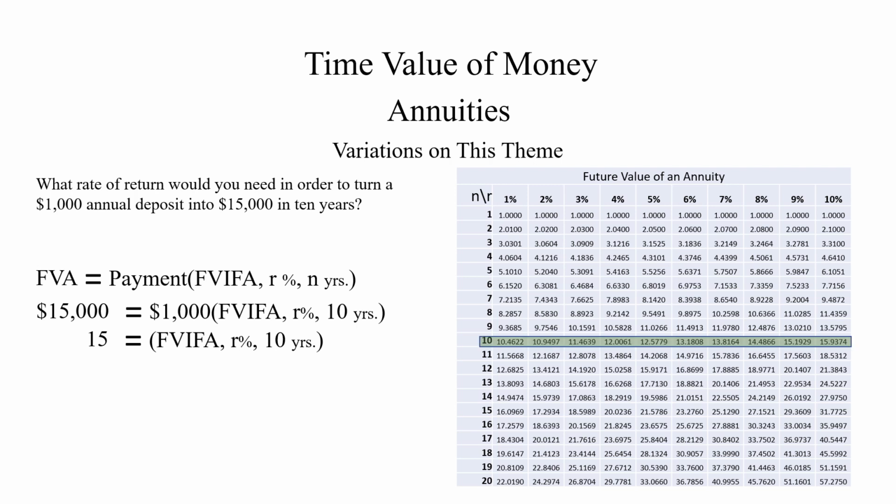So we'll just go across the 10-year row and look for a 15. There you go, 15.1929. That's close enough. From there, going up the column, we see that it's going to take a rate of return of about 9%.